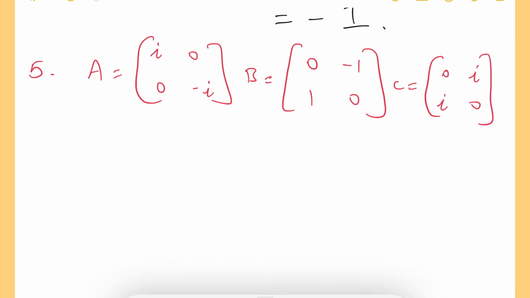Okay, one by one questions he is asking. He is asking the first question to show that A square equals B square equals C square equals minus I. So first, one by one, I will find out. First I am going to find out the A square value.